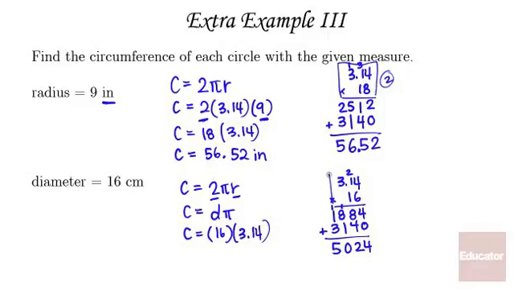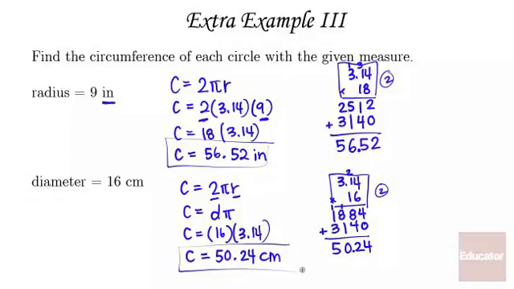From here I have 2 numbers total behind decimal points, right? So I go 1, 2. So for this one, my circumference is 50.24 centimeters. And that is it for this lesson. Thank you for watching educator.com.